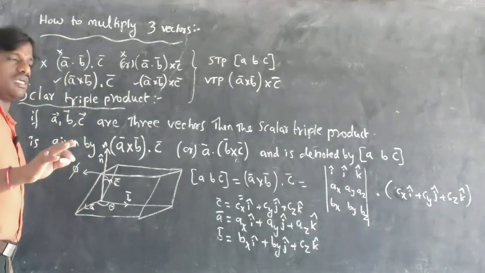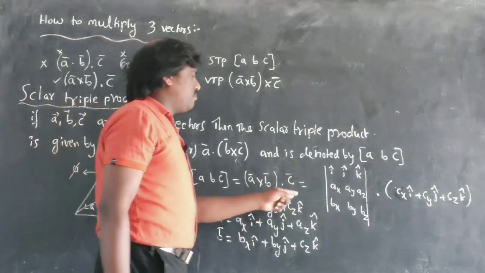Okay, now see here, you got i cap, j cap, k cap, and this.